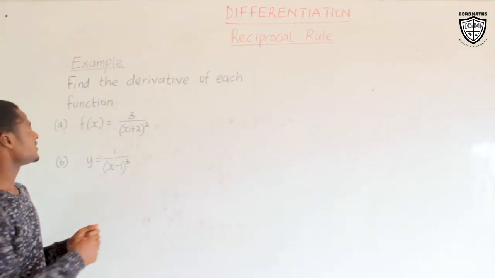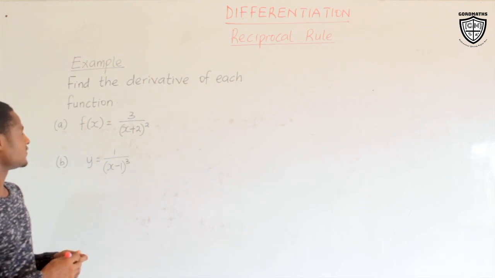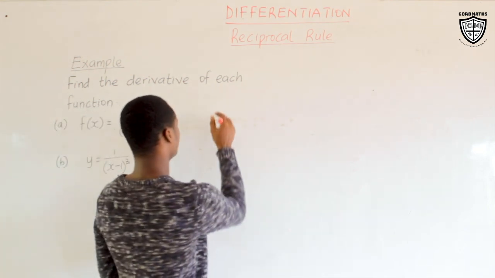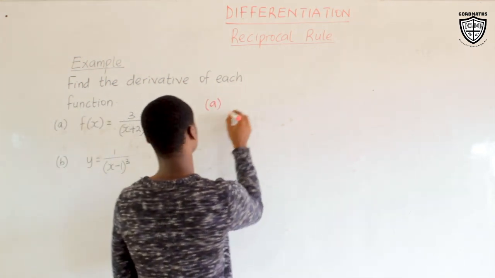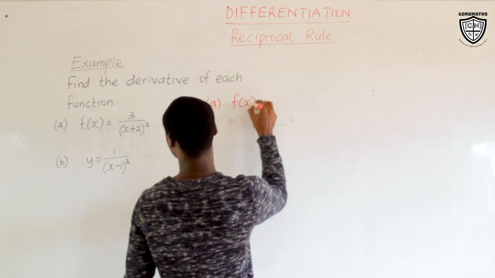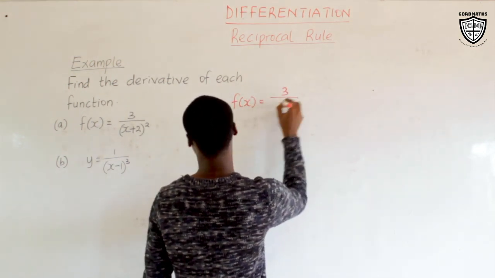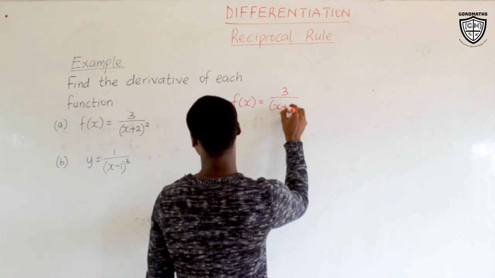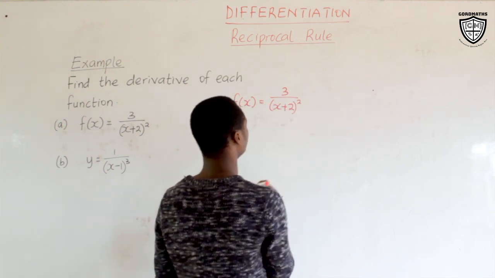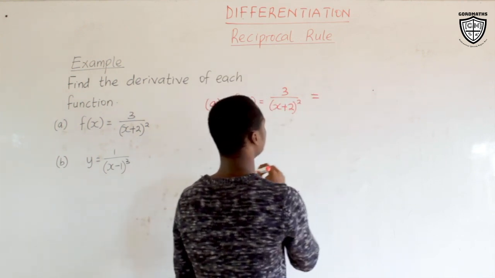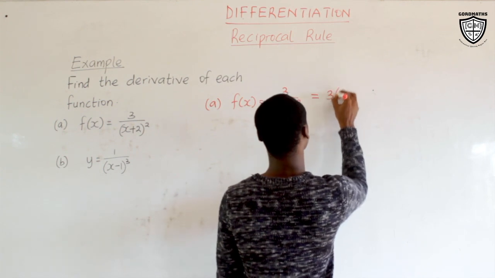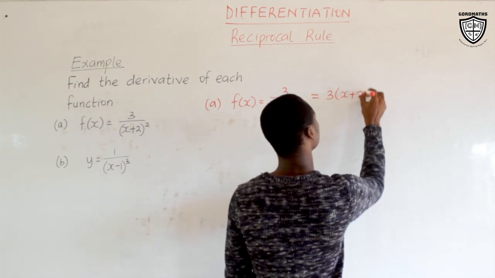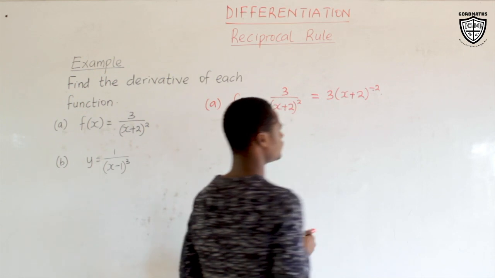Let's find the derivative of each of the functions below. For the first function, we have f of x equal to 3 over (x plus 2) squared. And this will be written in the reciprocal form as 3 times (x plus 2) to the power negative 2.